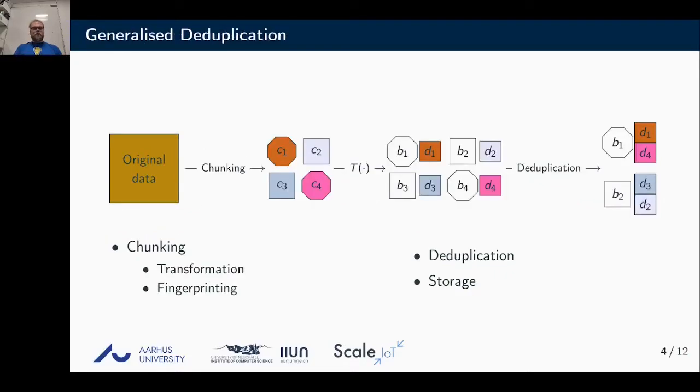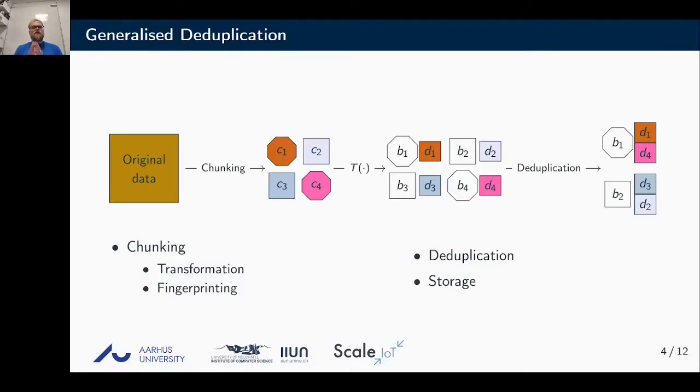Now, generalized deduplication is roughly the same, but we add this transformation stage. And what the transformation stage does is it transforms a chunk into a basis and deviation pair, where the deviation describes how the chunk deviates from the basis.